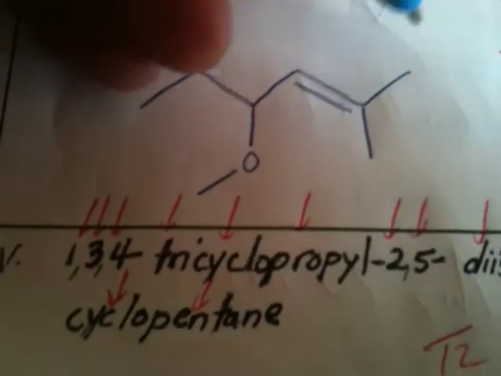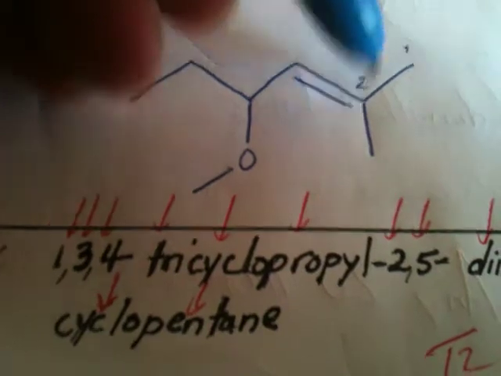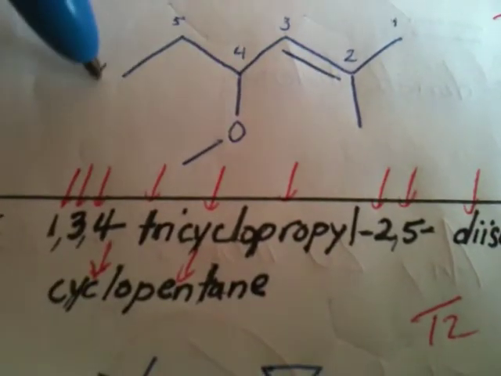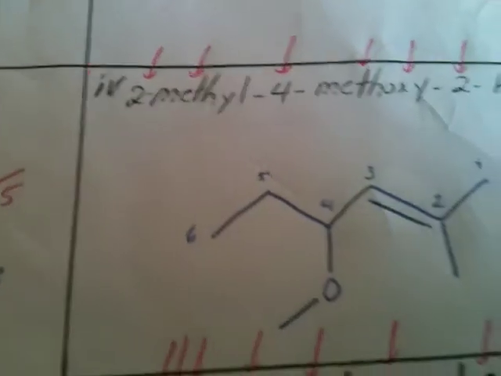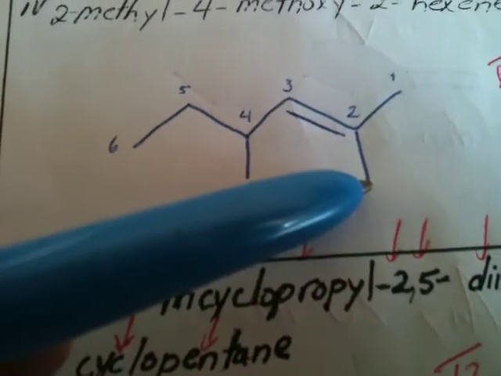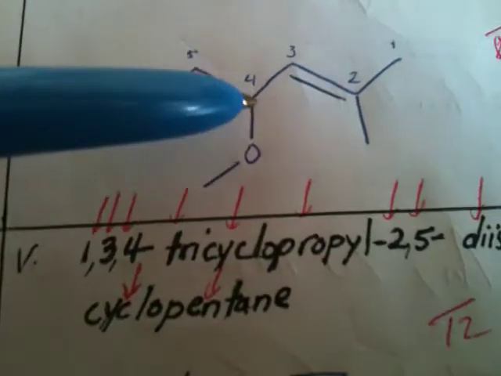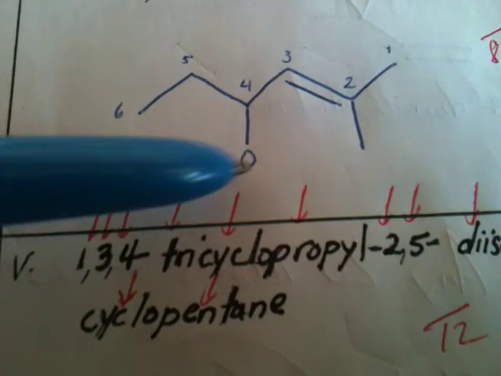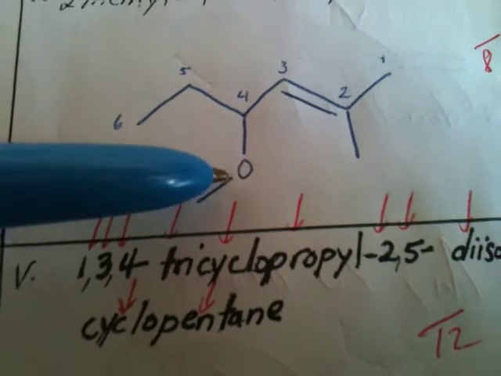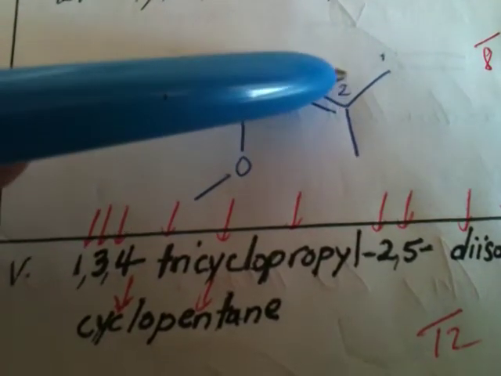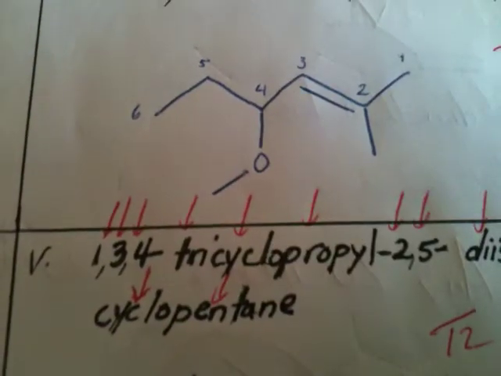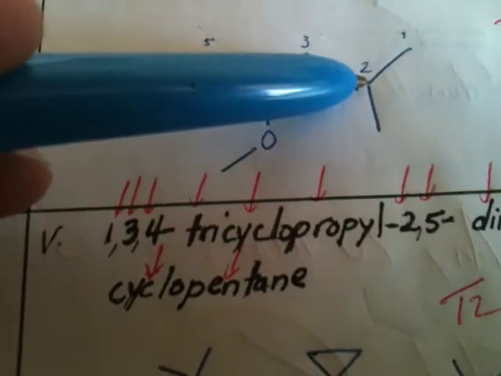So at the fourth position, we count from the right, because that way the double bond gets the lowest possible number. So we call it 2-methyl. Here's the second position. 4-methoxy. There's a methyl group attached to an oxygen, so this is an ether. And then 2-hexene. The second position is where the double bond starts, so that's where you call it. You say 2. Even though it ends at 3, you call it 2-hexene.